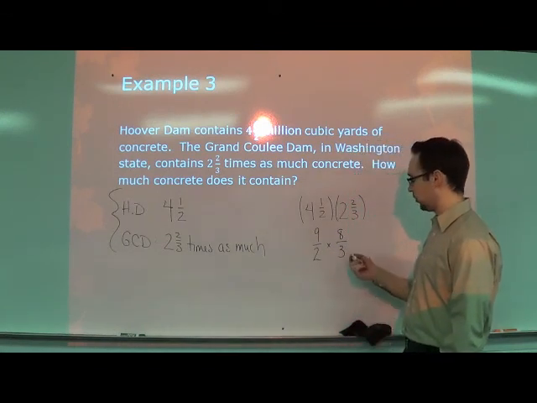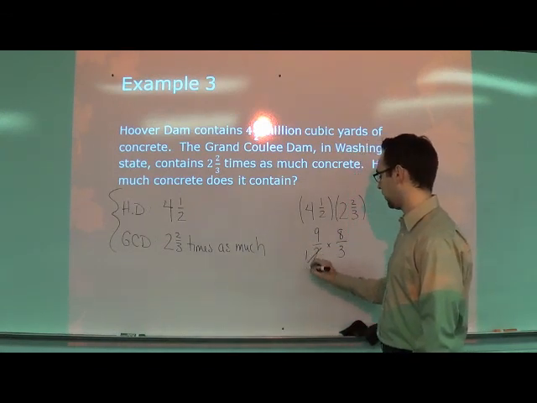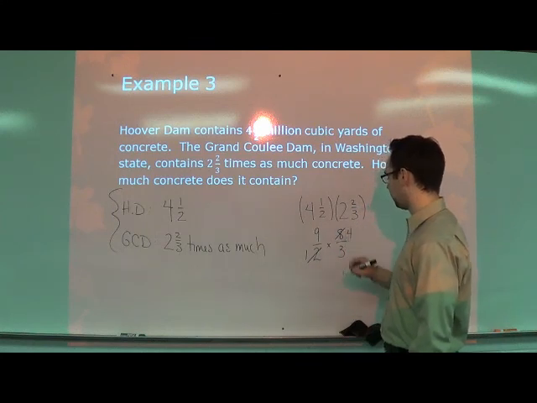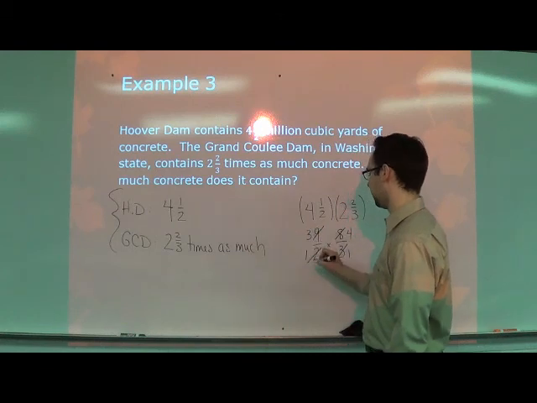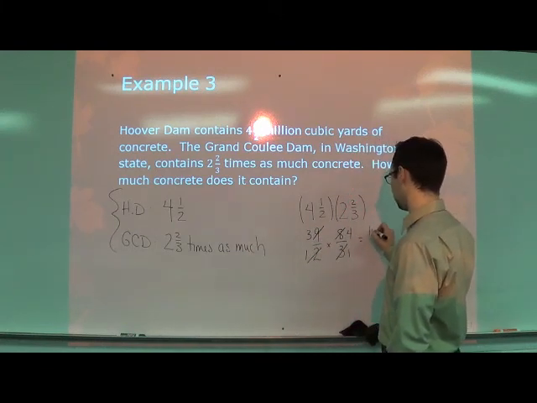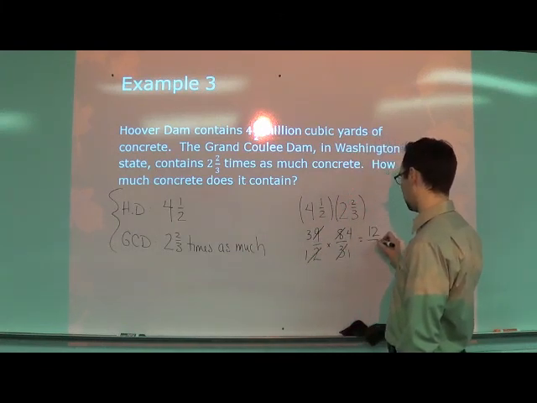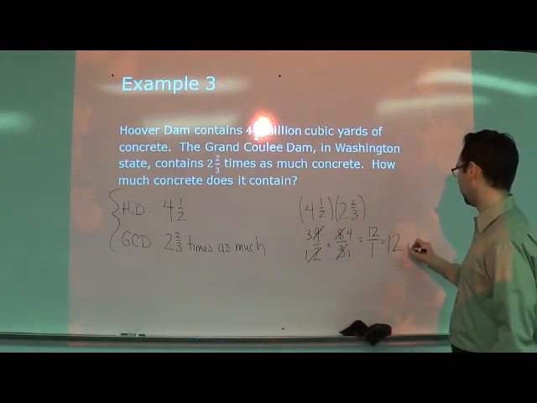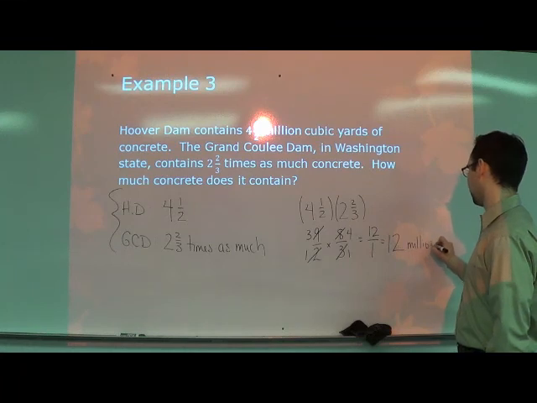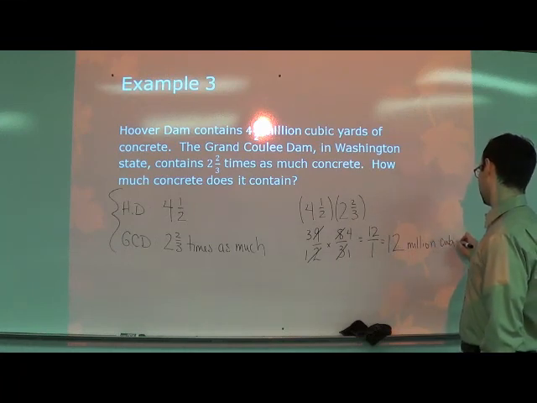I'm going to reduce, divide this by 2 and I get 1, divide this by 2 and I get 4, divide this by 3 and I get 1, divide this by 3 and I get 3. 3 times 4 is 12, 1 times 1 is 1, so I get 12. And again, it's in million, make sure you label, million cubic yards.